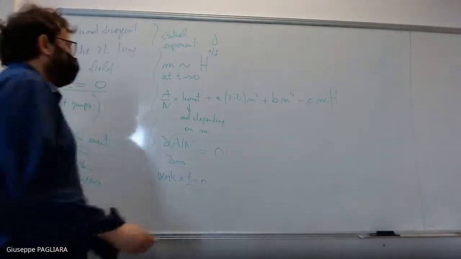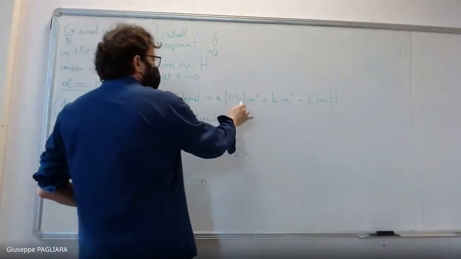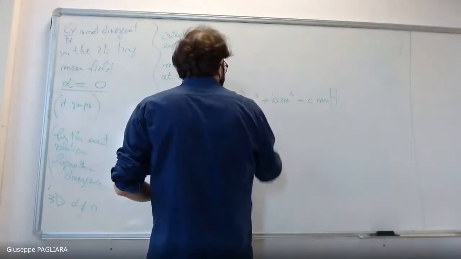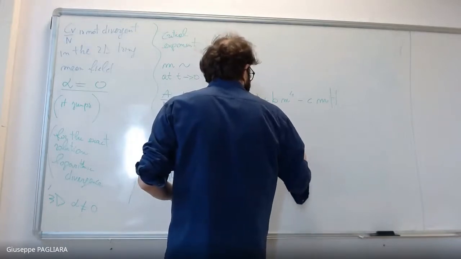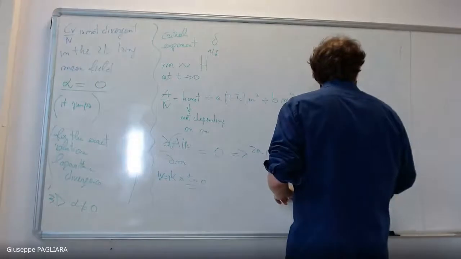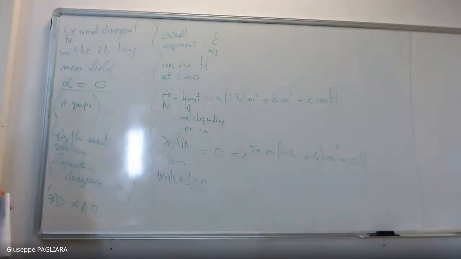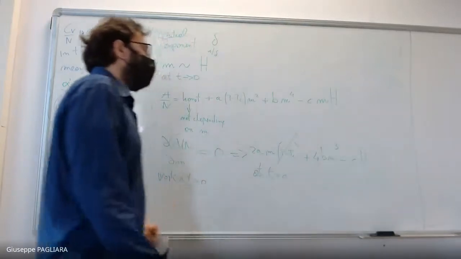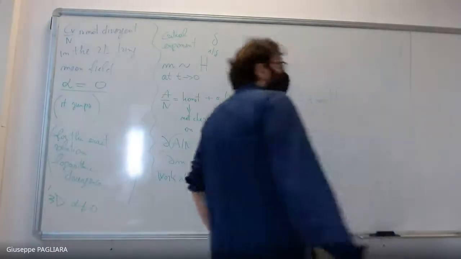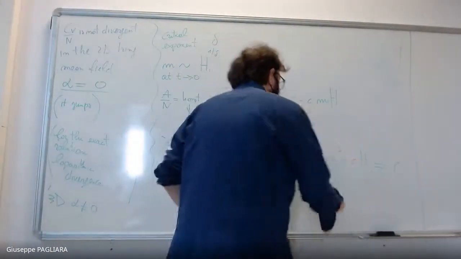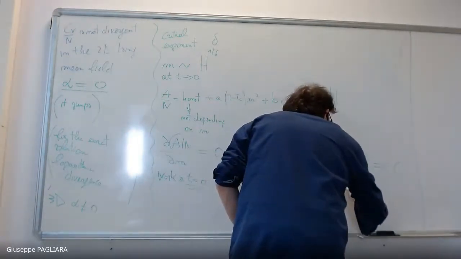So if I do the derivatives, apart from this term, I have 2a m (T minus Tc) plus 4b m to the power of 3 minus c h, by deriving with respect to m. If we set now T equal to Tc, then this term drops. And if I put this to 0, because I have to minimize the free energy, you see that the scaling of m and h is such that m scales as h to 1/3.